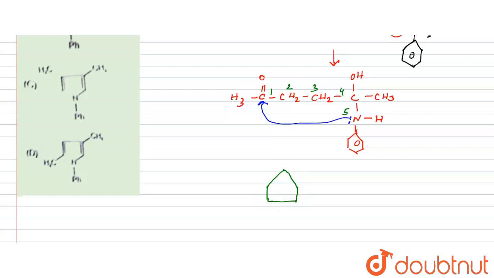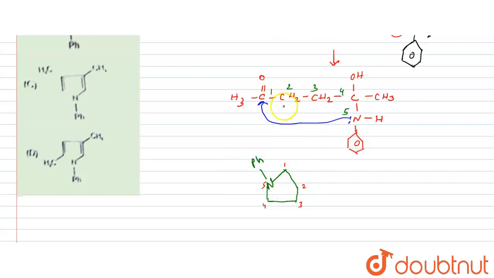And if you number this 5-membered ring like 1, 2, 3, 4 and 5, you can see that at the 5th position you have nitrogen and a phenyl ring. So let's draw it. At the 5th position you have nitrogen, so we will write here nitrogen, and you have here one phenyl ring, so we will write Ph.